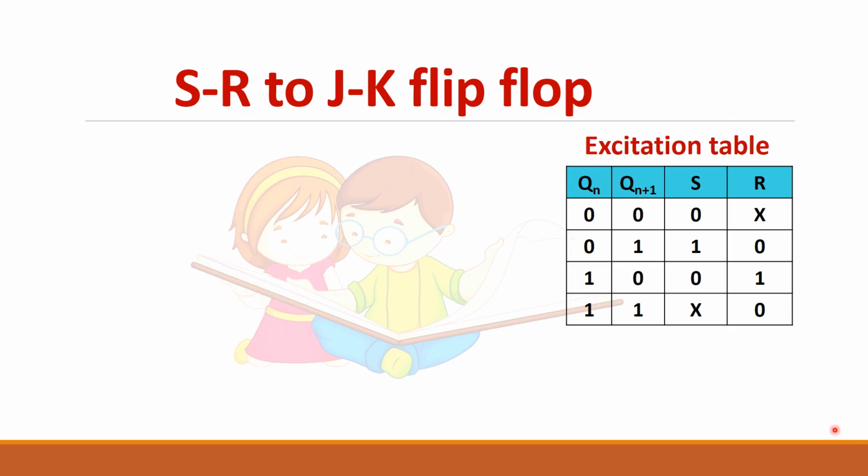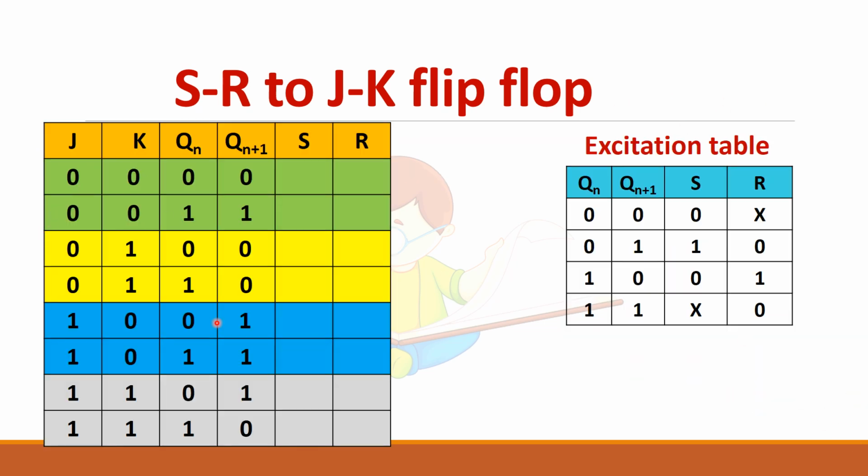So the excitation table is here. In the truth table, you include Qn also: J, K, Qn, Qn plus 1. Qn is the present output and Qn plus 1 is the next output. So for this combination, that is Qn and Qn plus 1, what is the value of S and R? You have to find it in this excitation table.